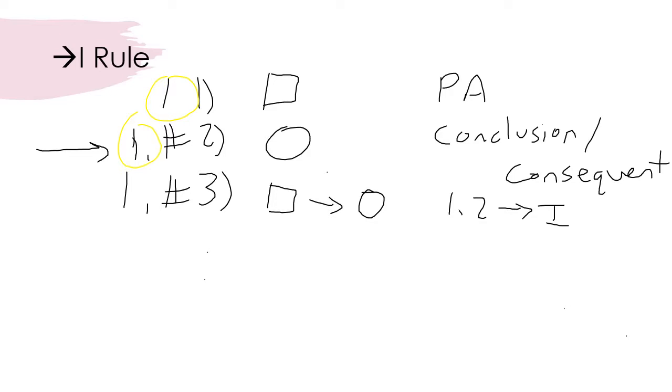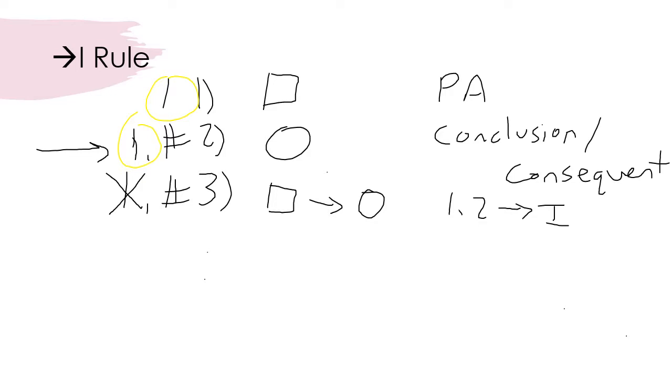Then the important thing is that when you do arrow in, same thing will happen when you do tilde in, tilde out. You remove the PA from your premises that you cite over here on the left-hand side. The reason why is that you kick out the PA as you derive a conditional statement.